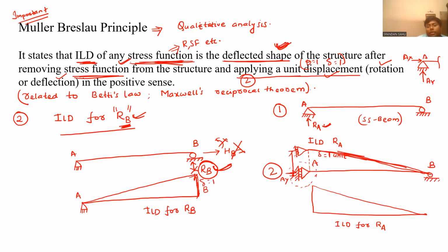Suppose for this I want the ILD at the midpoint, or make it the third point. The ILD for a simply supported beam at midspan. Tell me how we'll draw at this point.